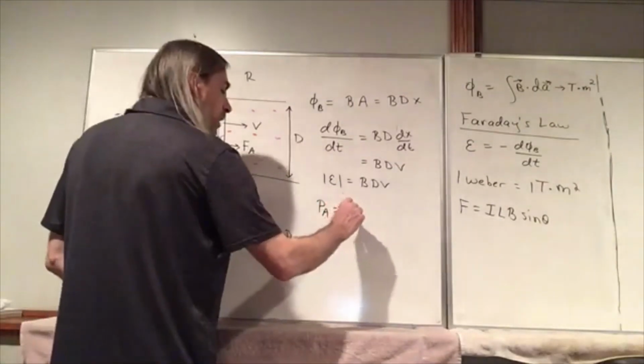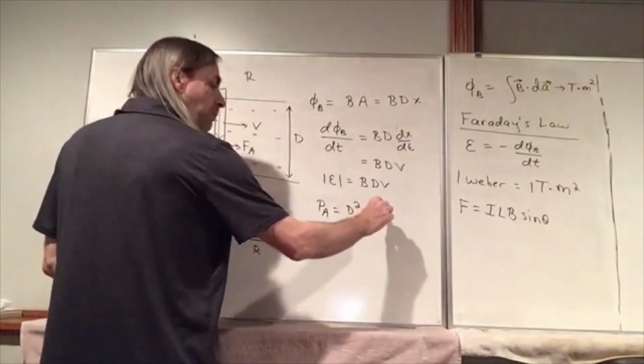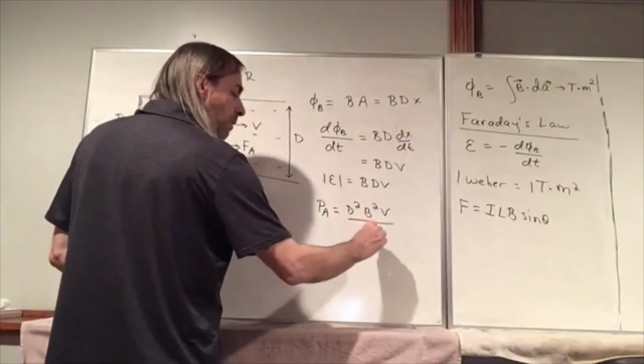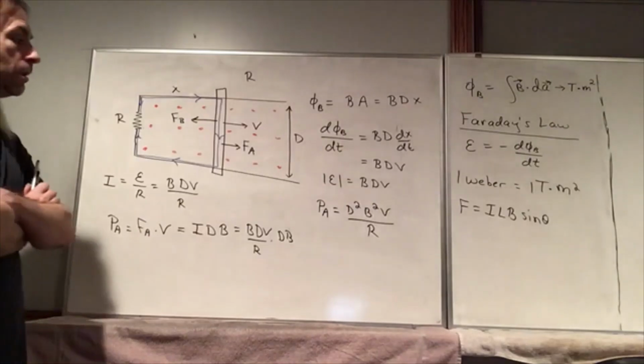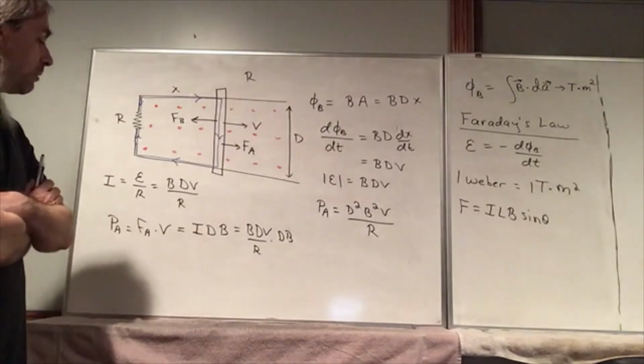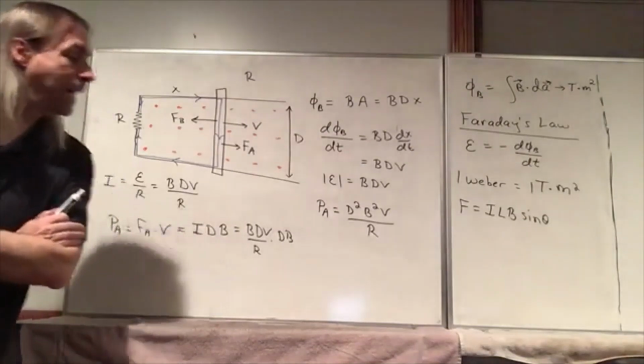We have D squared, B squared, V over R. Okay, so that's the power, that's the rate that we have to supply energy.